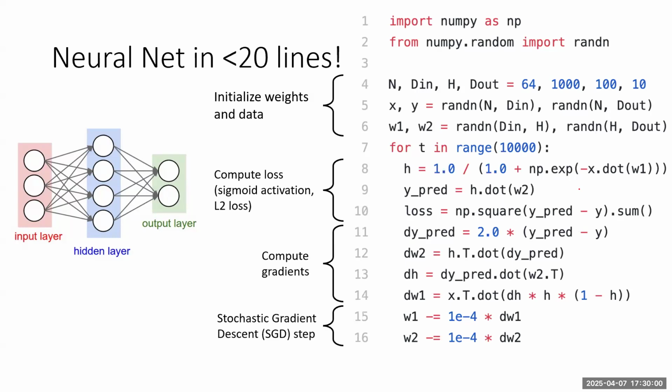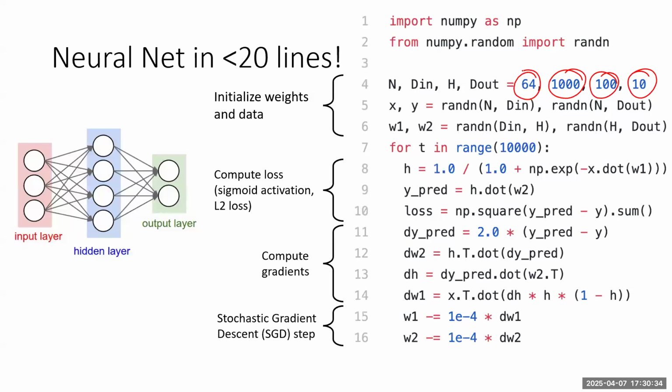This is a simple example of a simple 3-layer neural network that has a simple input layer, output layer, also simple, and the number of hidden nodes is very small. So the input size is 1,000, the output size is 10, number of hidden nodes 100, and number of samples is 64.